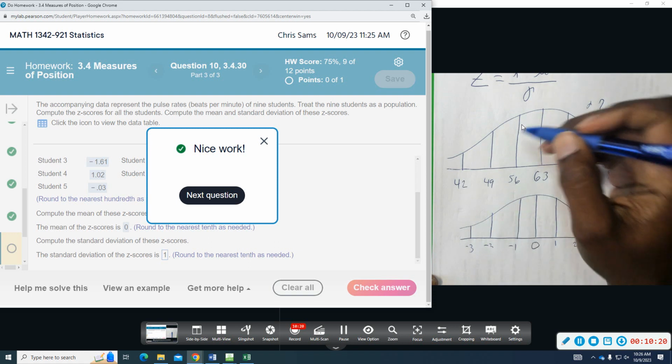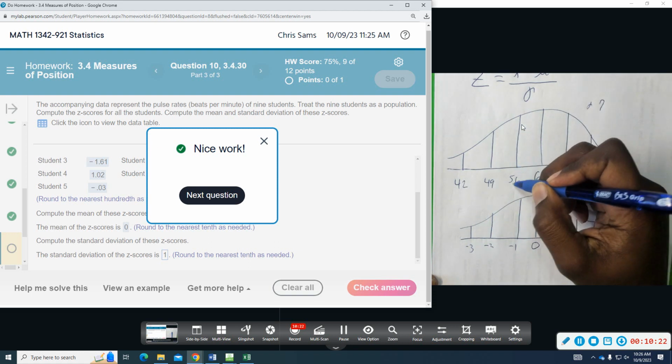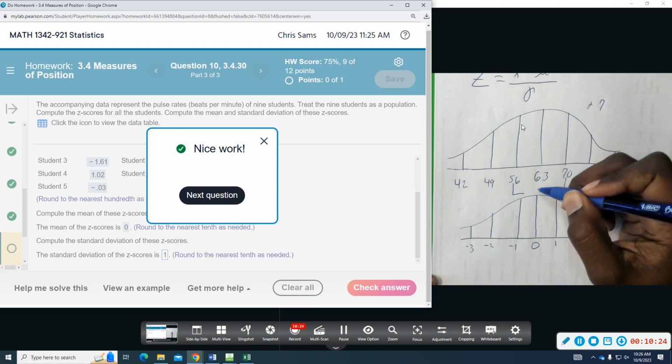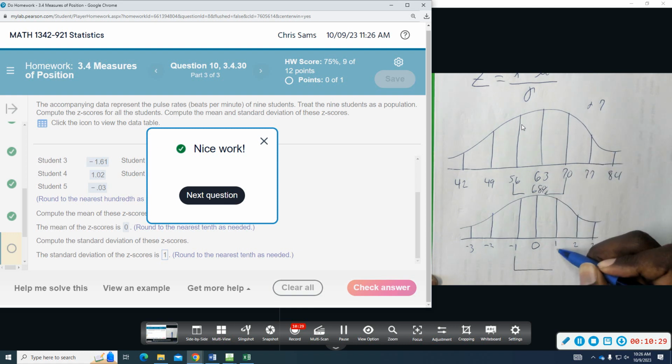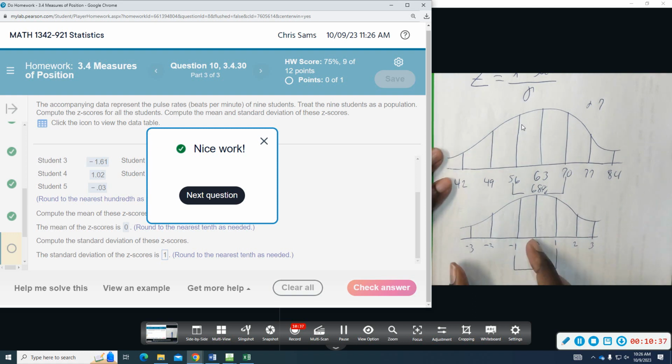So that the information between 56 and 70, which would be 68%, it's going to be the same between -1 and +1, 68%. So all it's doing is kind of shifting your bell curve so it's centered around 0 instead of some number. It's easier to count 1, 2, 3 on either side than counting by 7s. It takes a little work, but it's not as quick. So that's the idea here.